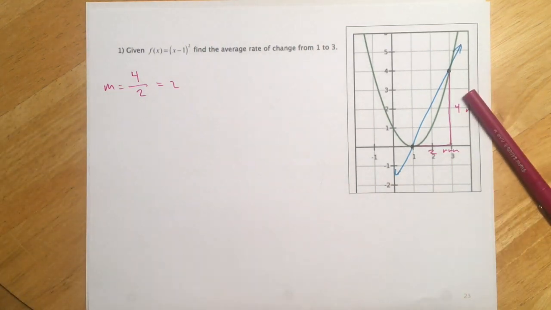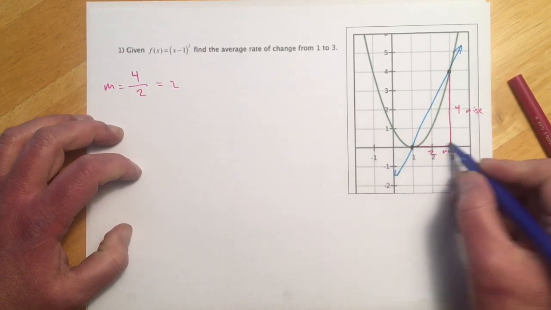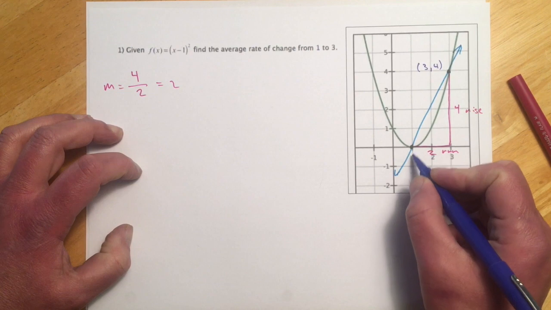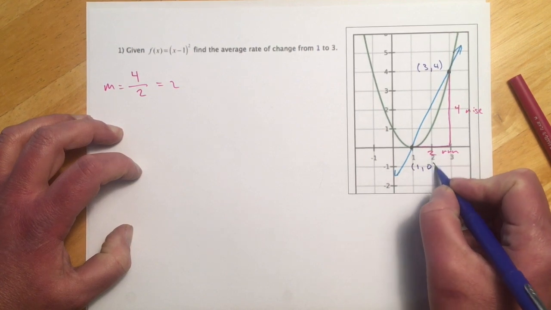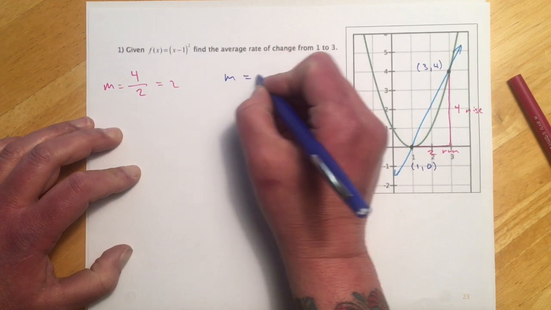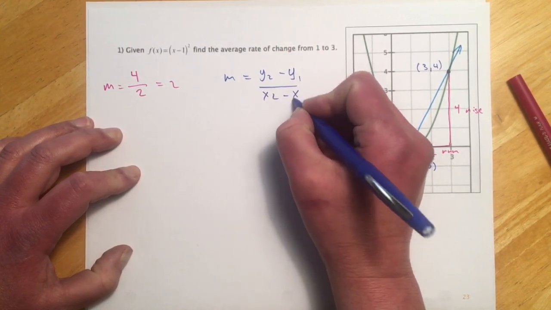If I look at this another way, this point right here is 3, 4, and this point right here is 1, 0. So remember when we did slope, y2 minus y1, x2 minus x1.